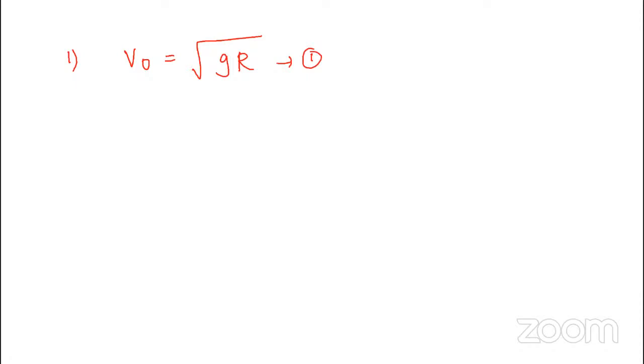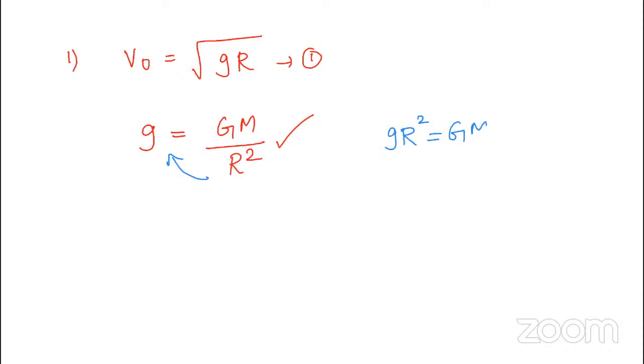This formula is rearranged using the acceleration due to gravity, g is equal to GM by R square, which we saw last class. We can rearrange this as g into R square is equal to GM. This is also a main equation. Now substitute g value into equation 1.